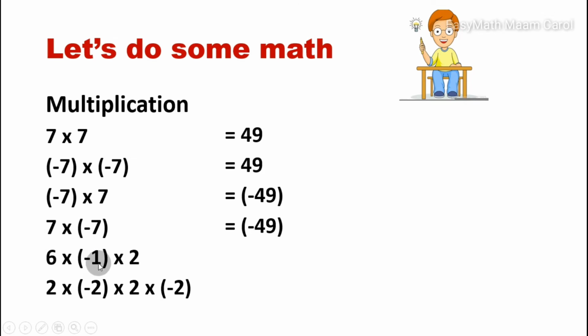So, 6 times 1 is 6. And then, yung product na 6, i-multiply mo pa ng 2, that would be 12. Okay? So, meron tayong answer na 12 here. And then, bilangin mo yung negative signs. Yung negative sign nag-iisa. 1 is an odd number. So, definitely, our answer is going to be negative. So, that's negative 12.